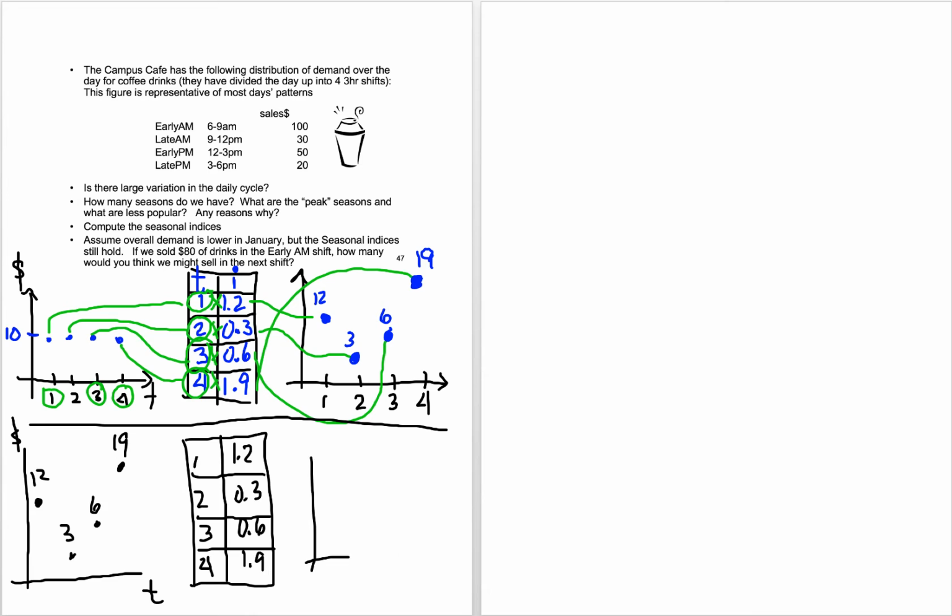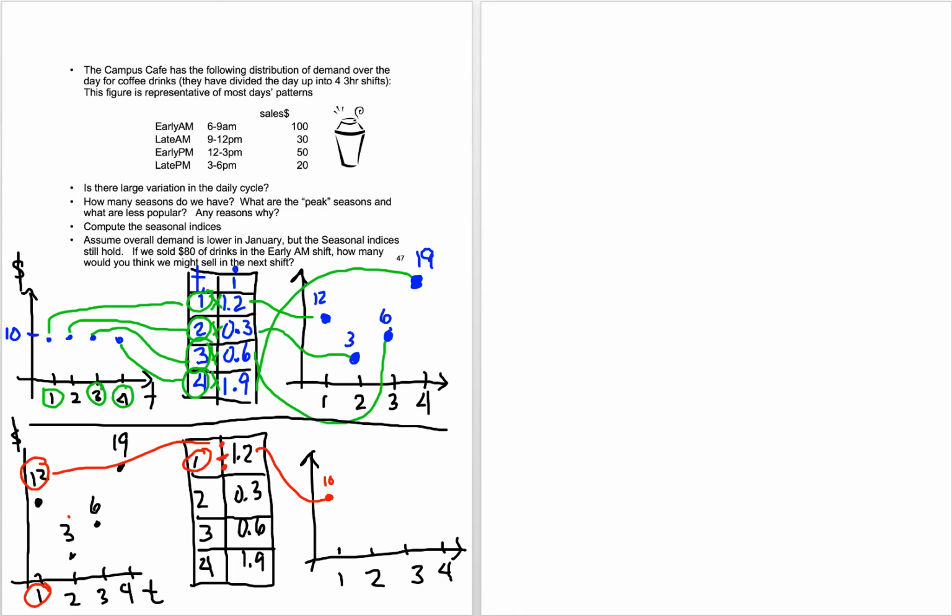So let me just set up the seasonalized graph again and our index, and we're ready to go. So in this case, we get the value for season 1, which is 12. And instead of multiplying like we did last time, we divide 12 by 1.2, because we are taking seasonality out of the data. And we'll plot that right here with a value of 10.